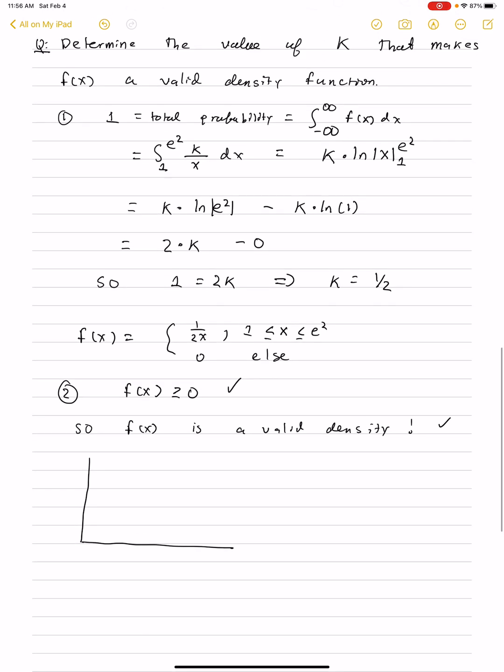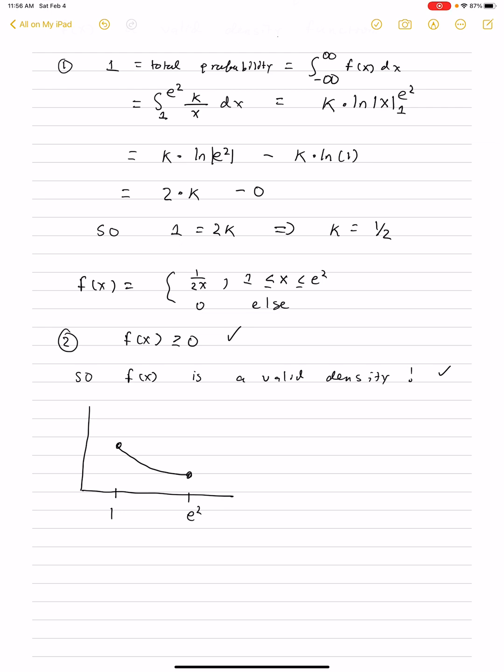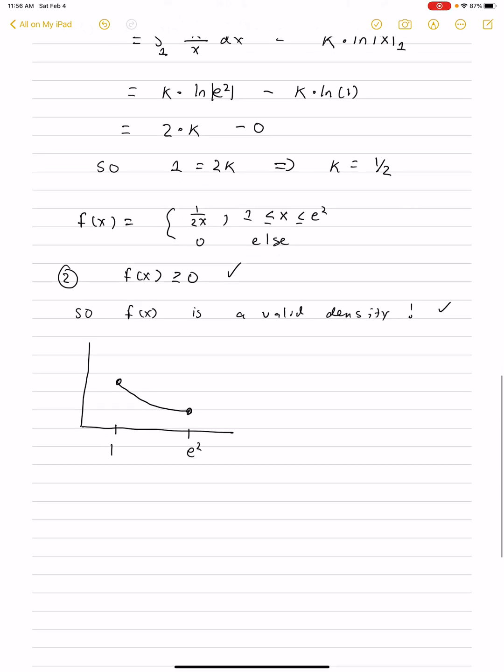This density function is 1 over 2x from 1 to e squared, and I think it's going to look something like that, a strictly monotonic decreasing function, and otherwise it's 0. So what if I want to calculate the probability that x is between 1 and 2? I'm going to have some sort of area here, and that corresponds to probability.